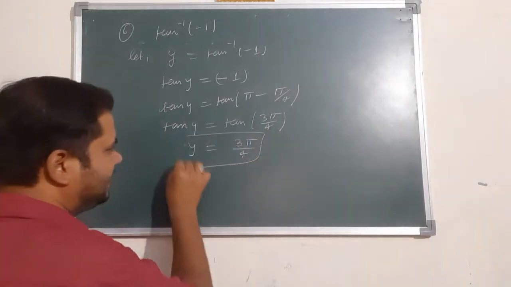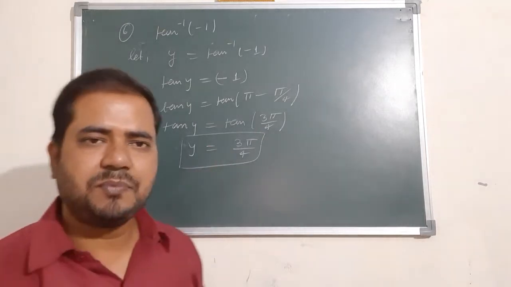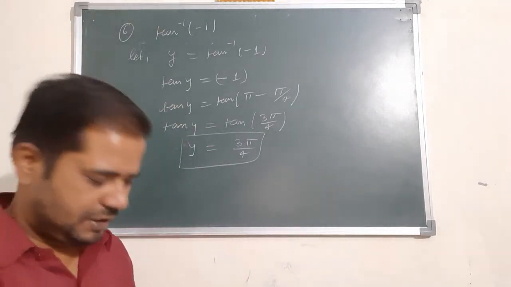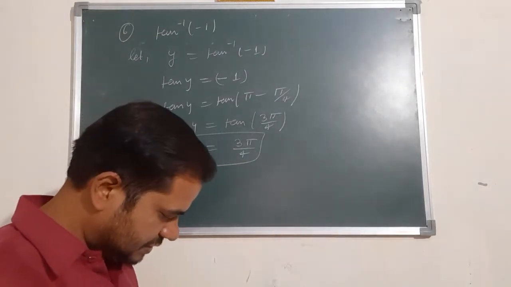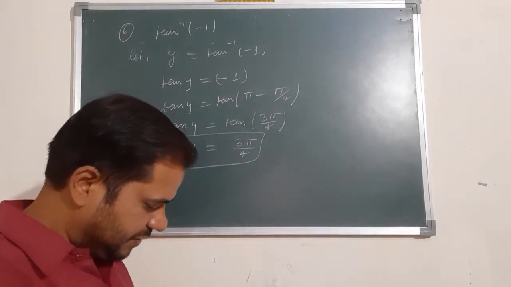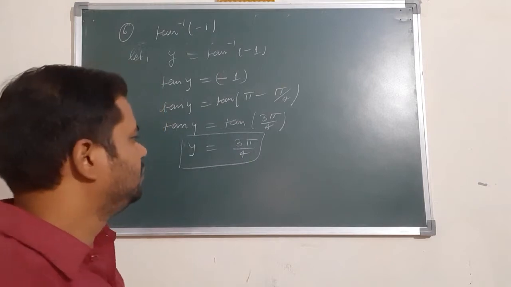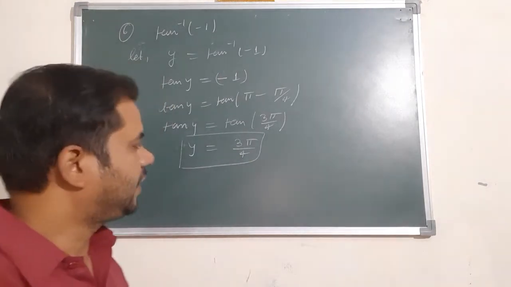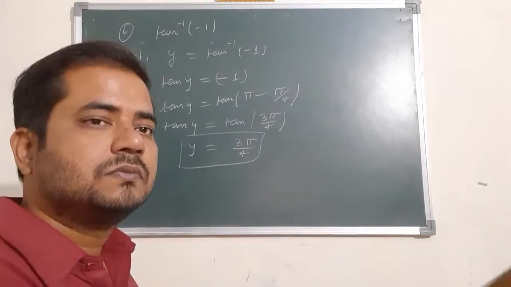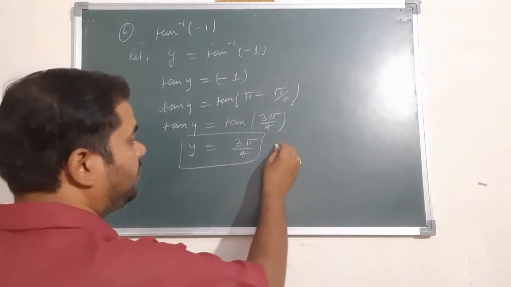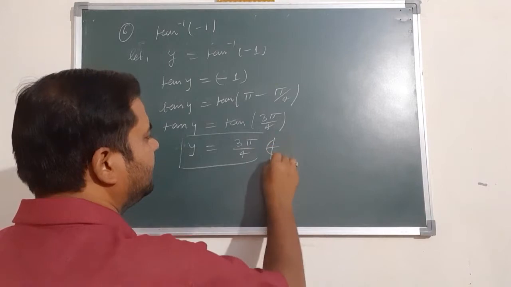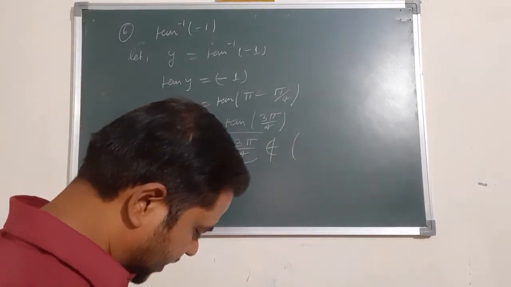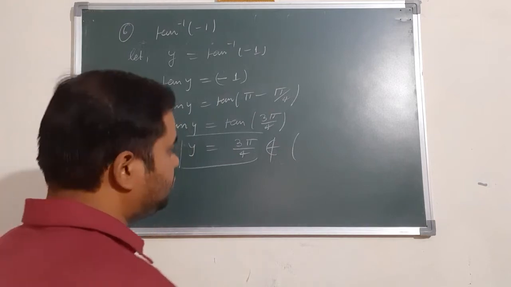Now we check whether this particular value 3 pi by 4 belongs to the range or not. The range of tan inverse is minus pi by 2 to pi by 2. So obviously 3 pi by 4 does not belong to the principal value range, that is minus pi by 2 to pi by 2.